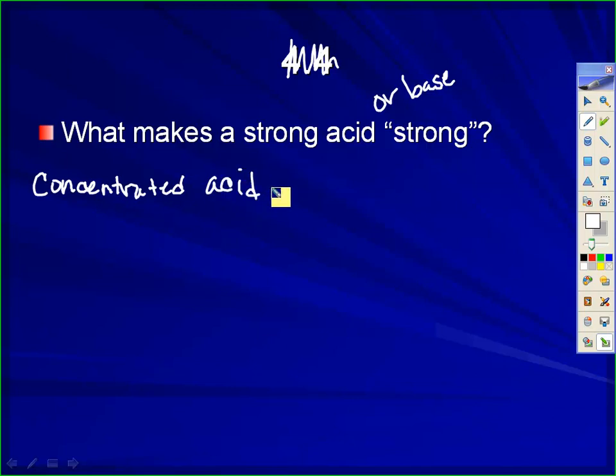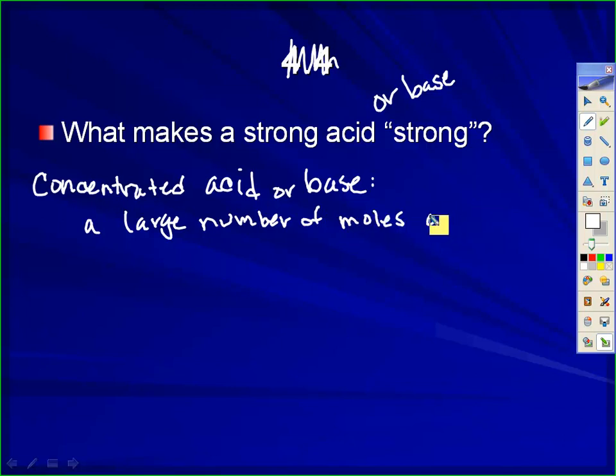So a concentrated acid or base means a large number of moles of acid or base per unit volume.